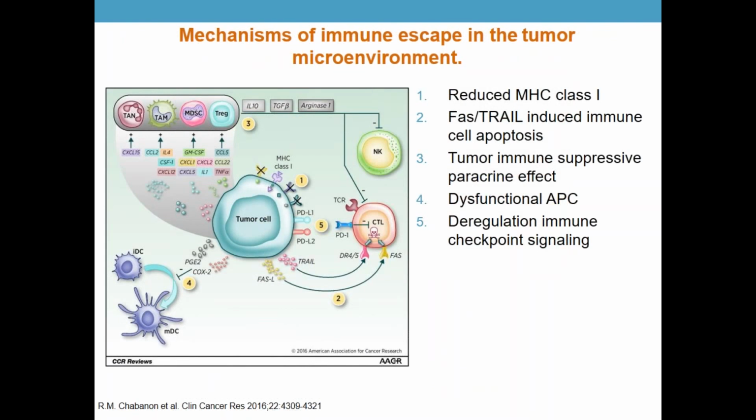So let's take a look at some of the ways that tumors can avoid effective immunotherapy. First of all, we know that in order for our immunotherapy to work, we have to have something on the surface of the cancer cell for it to target.